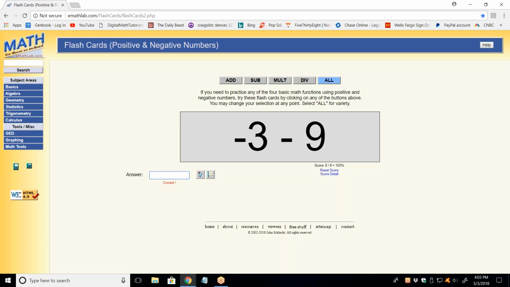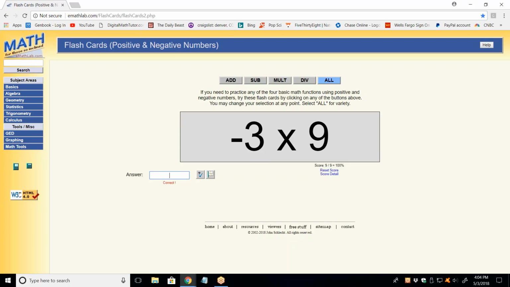6. No. Oh, wait. Oh, yeah, I know what went wrong. -12. Whenever you see two negative signs like this, know that it's -3 plus -9.